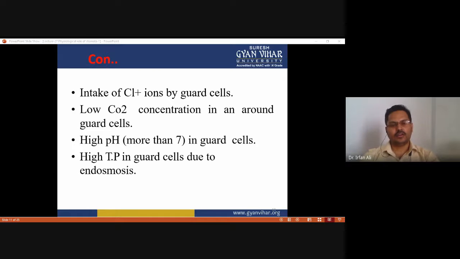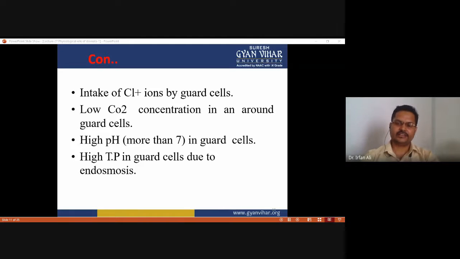And finally, high turgor pressure. All these conditions create or enhance high turgor pressure in the guard cell, due to endo-osmosis. When the concentration of solutes is high in the guard cell, water comes in from the subsidiary cells.